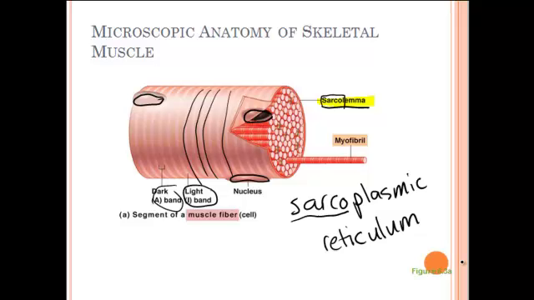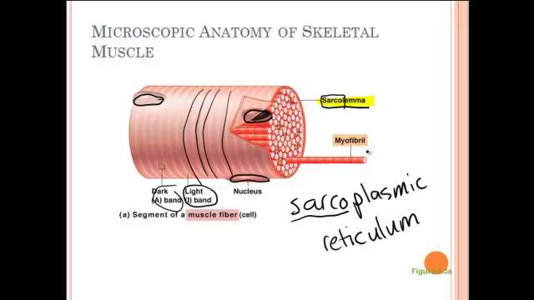The endoplasmic reticulum in other cells has a job in producing lipids and maintaining the cell. In the case of the smooth endoplasmic reticulum, remember there's smooth endoplasmic reticulum and rough endoplasmic reticulum. The sarcoplasmic reticulum is the specialized smooth endoplasmic reticulum in the muscle cell. And it's going to come up in a minute when we talk about nervous system control, because the sarcoplasmic reticulum plays a part in muscle contraction.